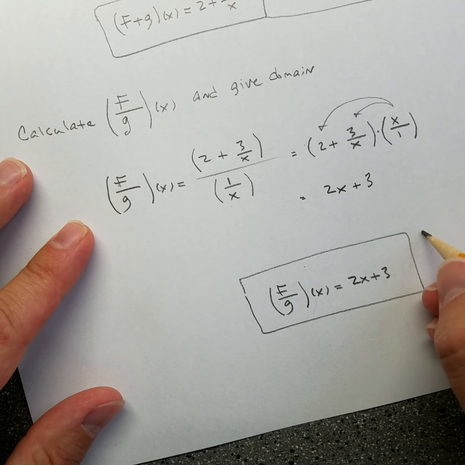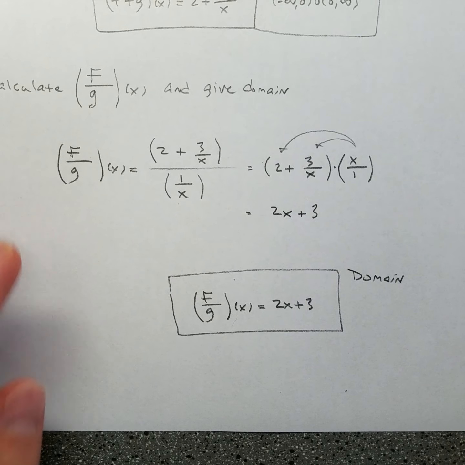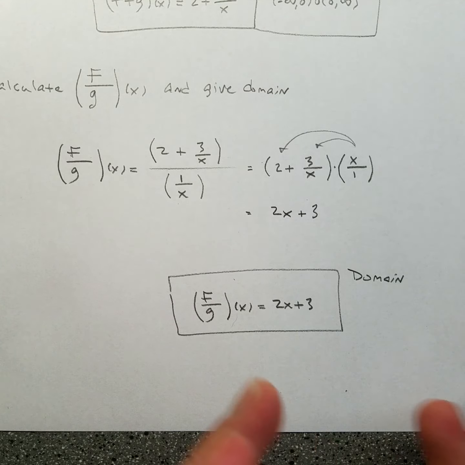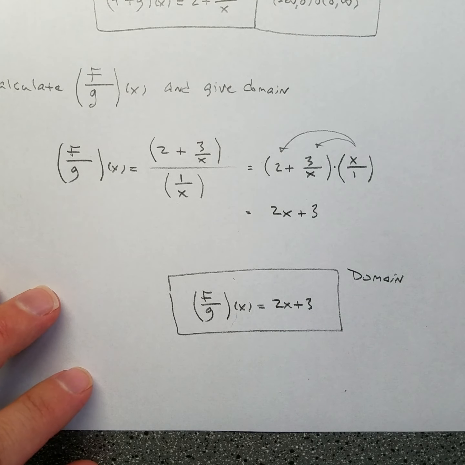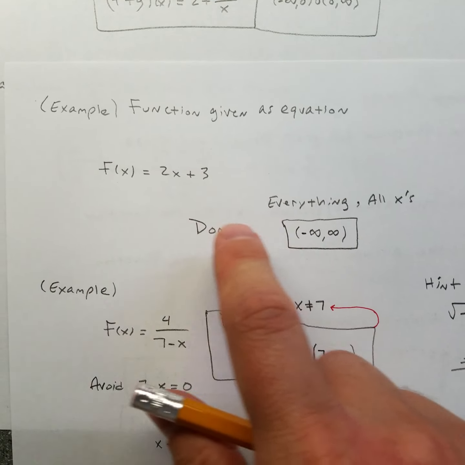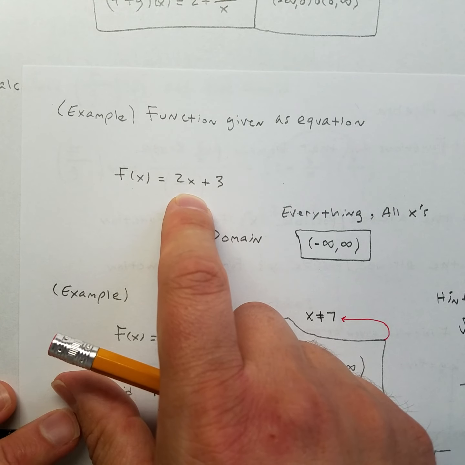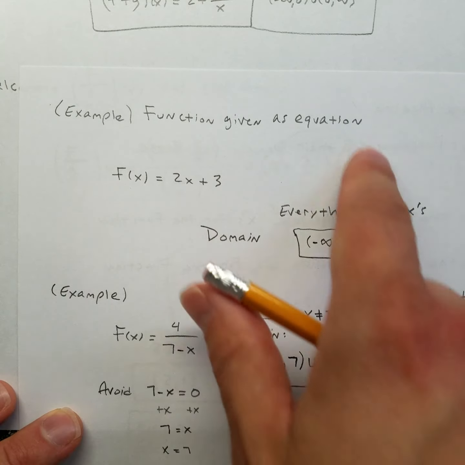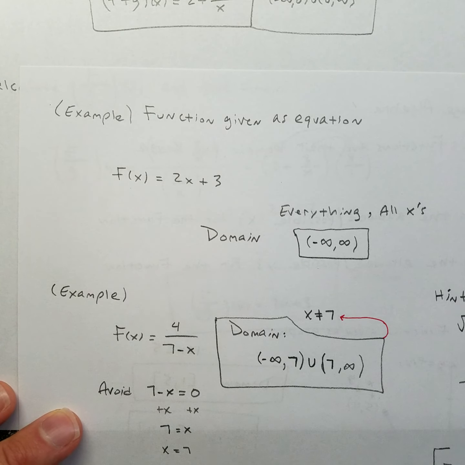And now for the domain. Now this will be a little tricky, but that's the way it is for this problem. Now you might say, oh, for 2x plus 3, everything works in that. That's true, if that's all you have. Is there anything else in this question besides f of x is 2x plus 3? That's all it is.